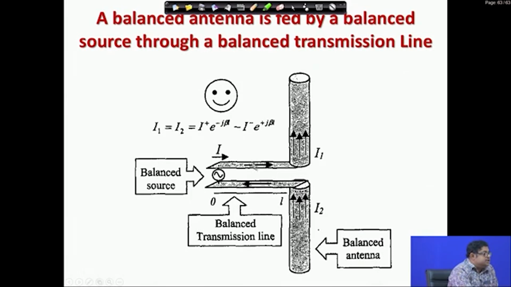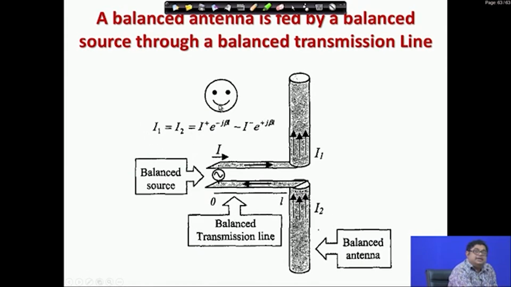A two-wire transmission line is a balanced transmission line because current is going in one direction and the same current is returning in the other direction. Since it is a distributed transmission line, there is a forward going current wave and a backward going current wave, but that gives I1 and I2 the same, obviously without noise.